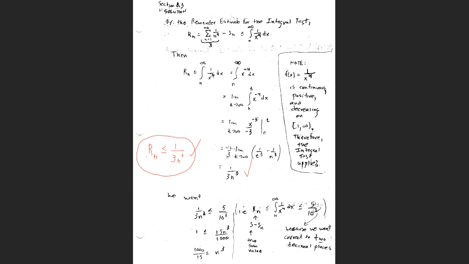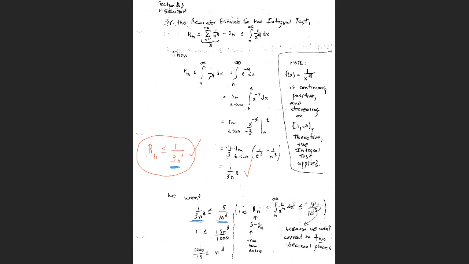Well, now in the problem, it said we wanted to estimate the series correct to 2 decimal places. What that means is we're going to take this upper bound on our remainder and set it less than or equal to 5 over 10 cubed.